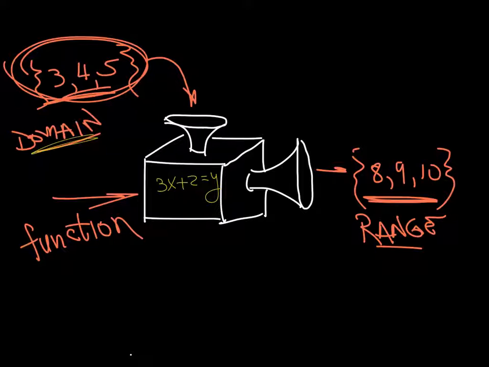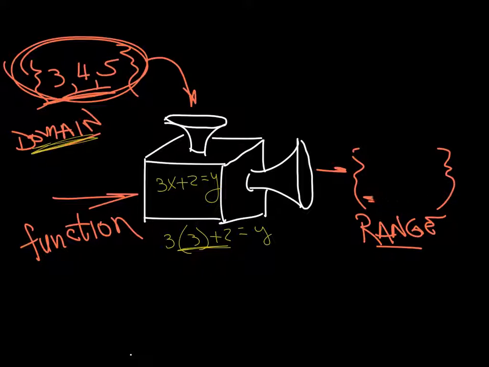The domain basically means the x value, what numbers you're going to put in there for the x value. When I put 3 in there, I have 3 times my x value of 3 plus 2 equals y. So what answer do I get? I get 11. Let's go ahead and erase these since we have a new function, and I get 11 when I put 3 in.